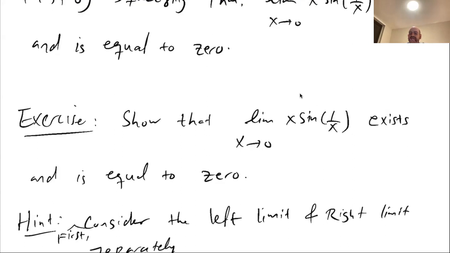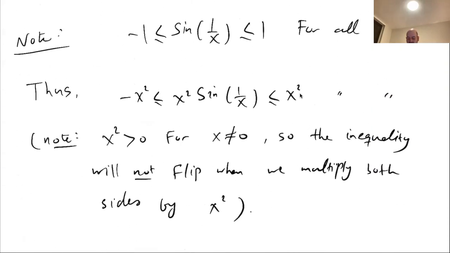And once you have the left limit and right limit, once you show that each of them exists and is equal to 0, then you can say that the whole limit also exists and is equal to 0. Okay, so the difference with this example is that in the previous example, we multiplied everything by x squared, which is a positive number, so the inequality will not flip.